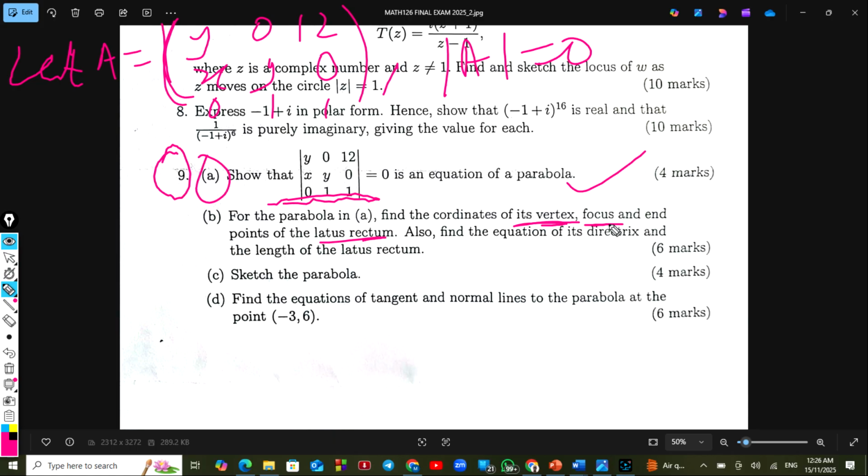Also find the equation of the directrix and the length of the latus rectum. So we have a lot of work to do. Let's solve that part, and afterwards we sketch the parabola, then find the equations of the tangent and normal. The final question is loaded, but with patience we will have the answers to all questions we've been asked.